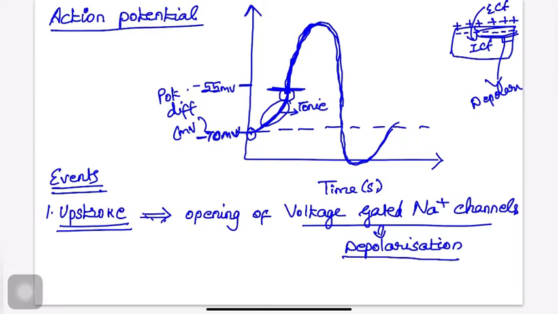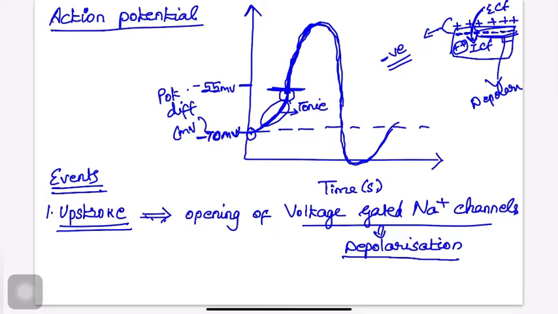So how will the membrane potential change? The membrane potential in resting state is negative, because it is relatively negative inside when compared to outside. But when sodium enters, the negativity will be neutralized by the incoming positive sodium, and the potential will change from negative to positive side.